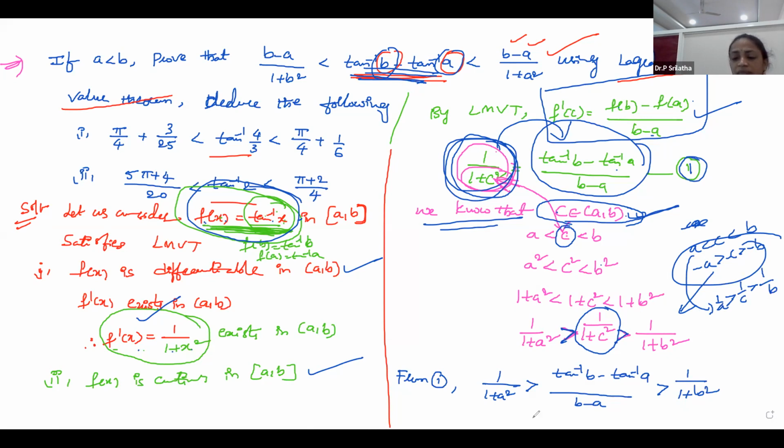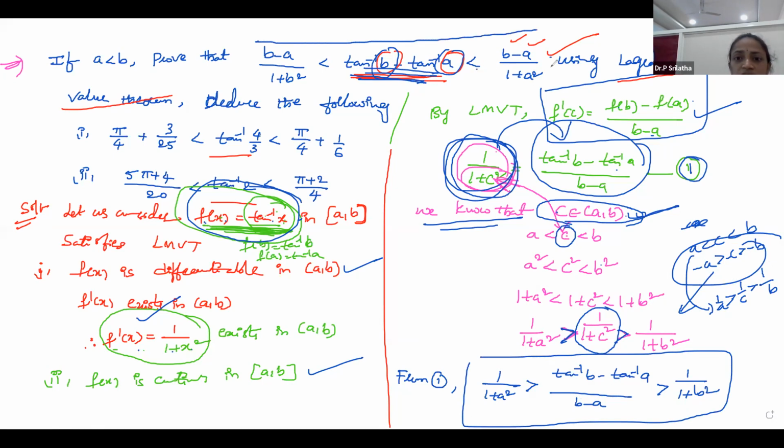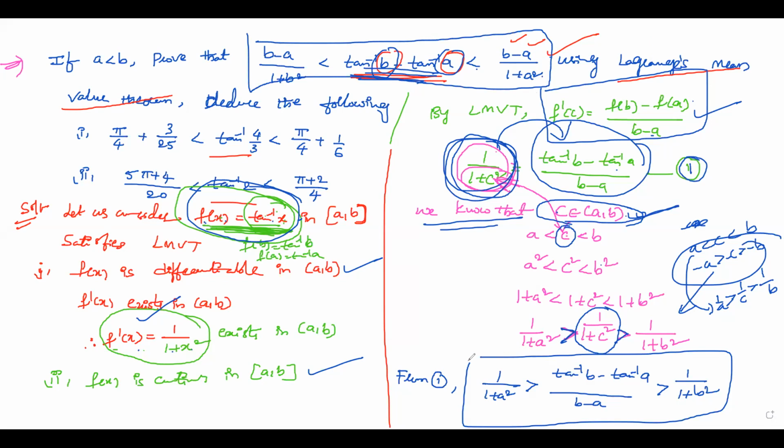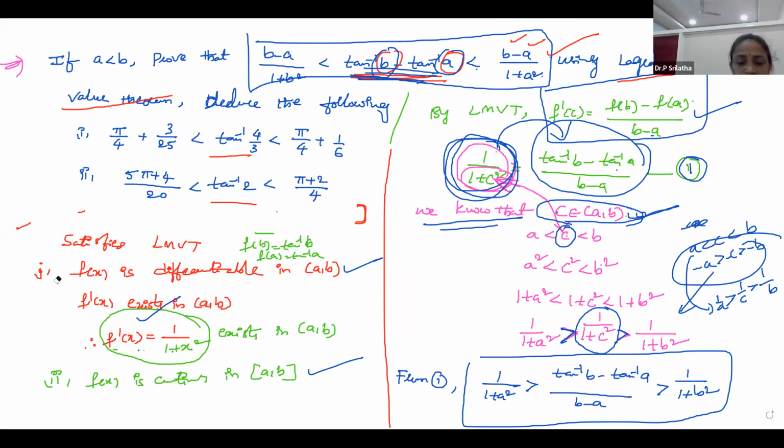After that, what do we have to do? Here we have to prove that b minus a divided by 1 plus b square is less than tan inverse b minus tan inverse a, which is less than b minus a divided by 1 plus a square, right? Multiplying by b minus a. Yes. What is our next step?